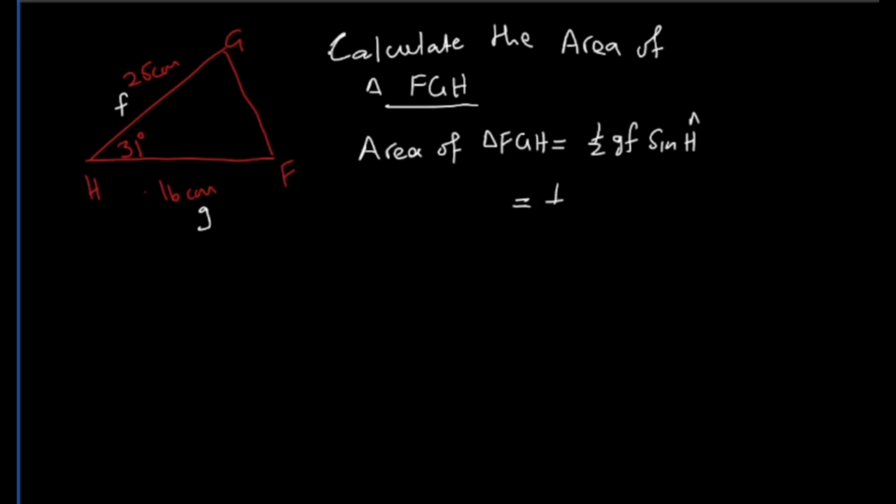If you do the substitution, this is half of 25 multiplied by 16, times the sine of 31 degrees. You just have to do that on the calculator to find the answer.